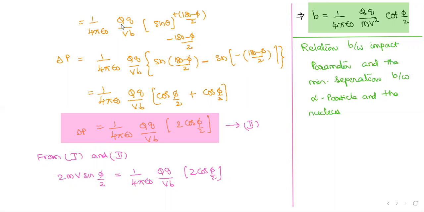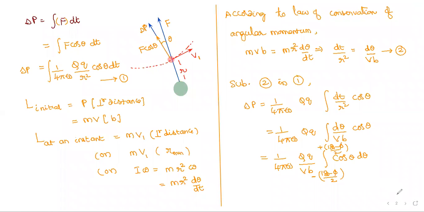This one I am going to highlight here. What is this relation? In simple words, I'm going to find out the relation between b and r minimum.